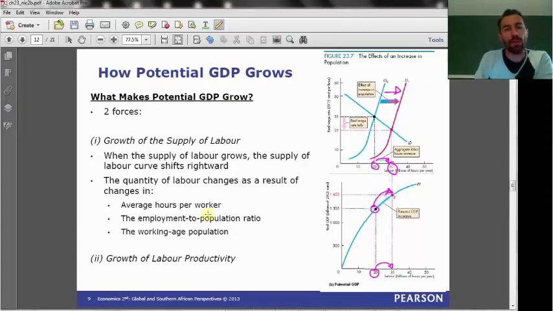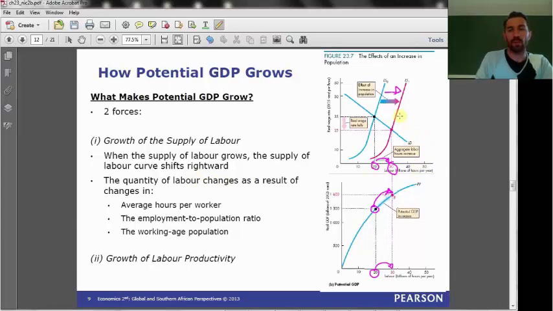The employment to population ratio. In other words, if more people are employed, in other words, there are just more jobs around, then the quantity of labor inputted will increase.